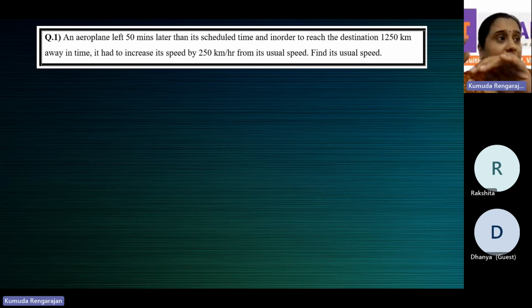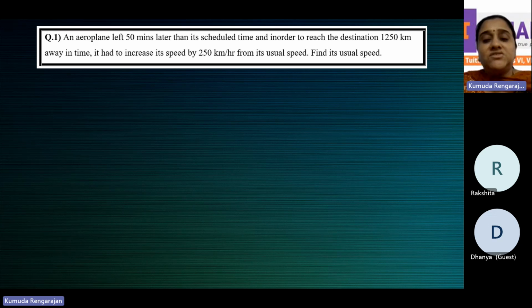So it has to increase its speed. Correct? So you have usual speed and new speed, and it was delayed. It started late by 50 minutes.